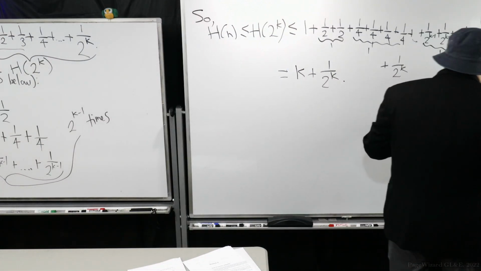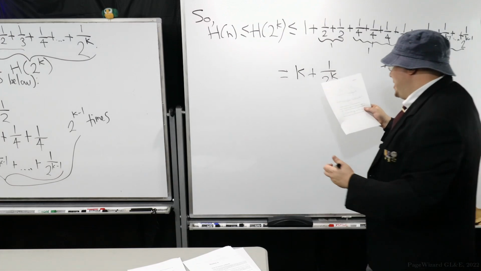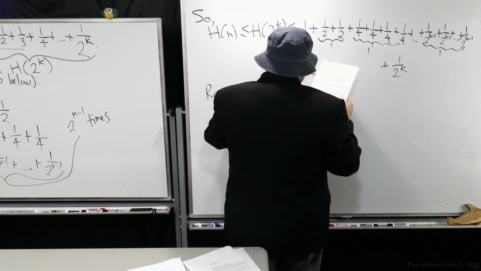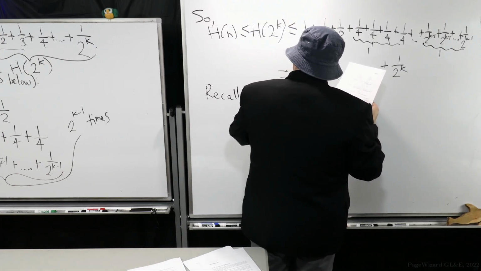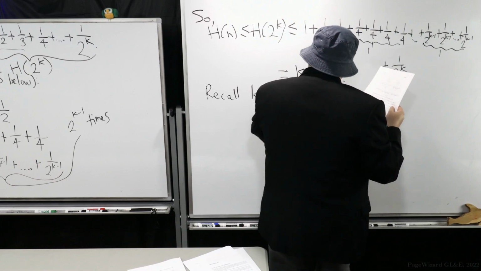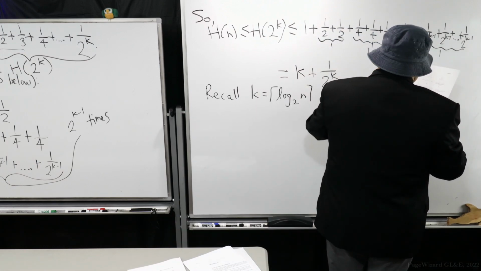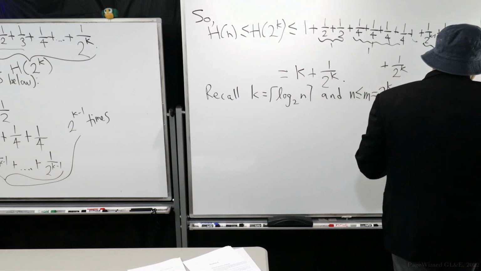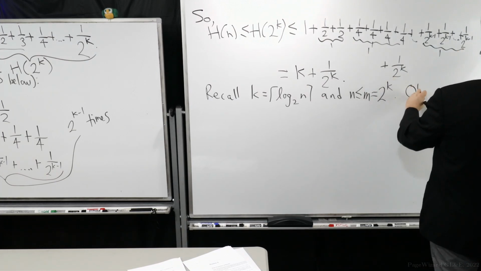Now, here we go. Here comes the bookkeeping, okay? Recall, k is equal to the ceiling of log base 2 of n. And n is less than or equal to m, which is equal to 2 to the power k, right? So now observe the following.